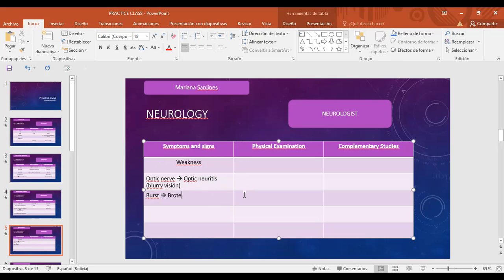Then he or she goes back to normal and lives life in a normal way, and then has another burst, which is a more serious one. So this is a characteristic of this disease, multiple sclerosis. It shows up in bursts.